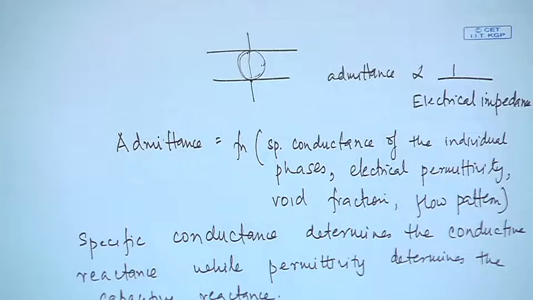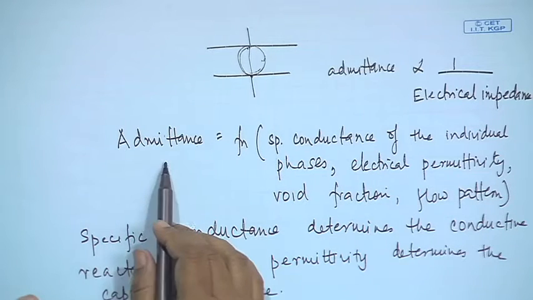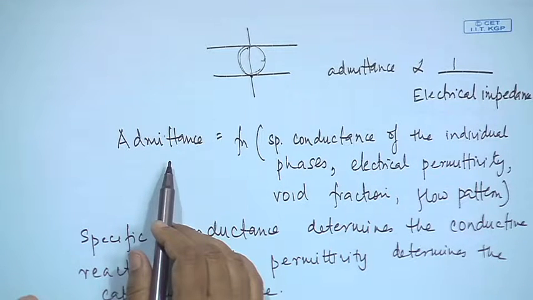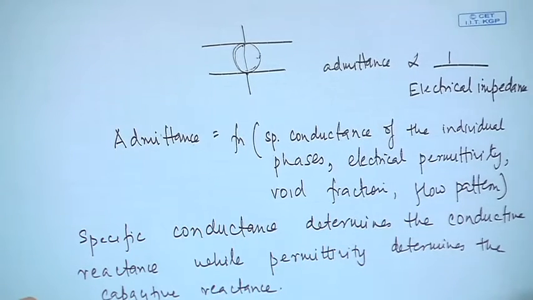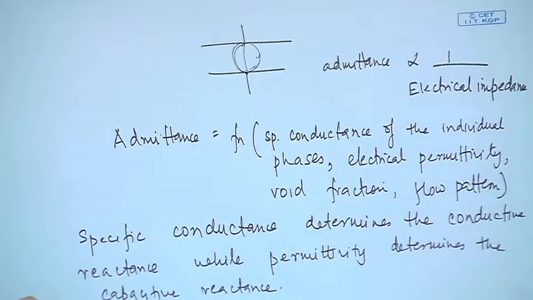Now, for a given geometry, the measured admittance, if appropriately normalized, will be a function of void fraction and your flow pattern.